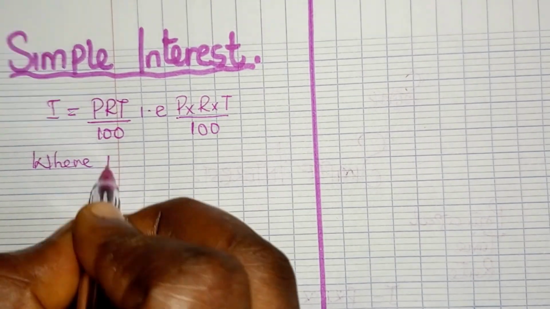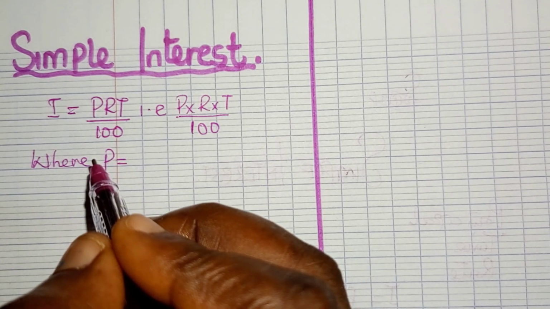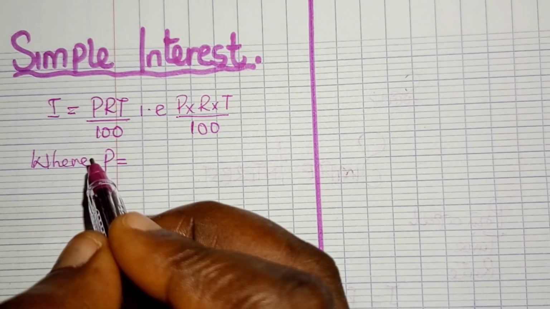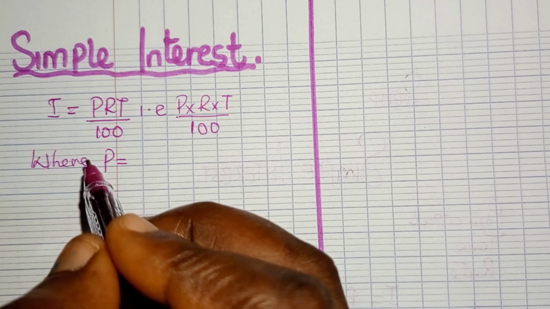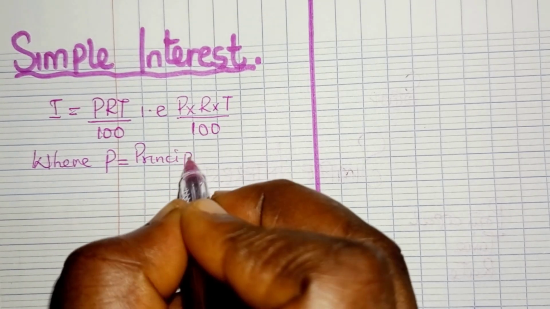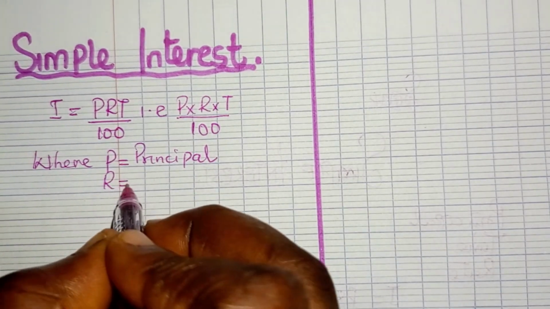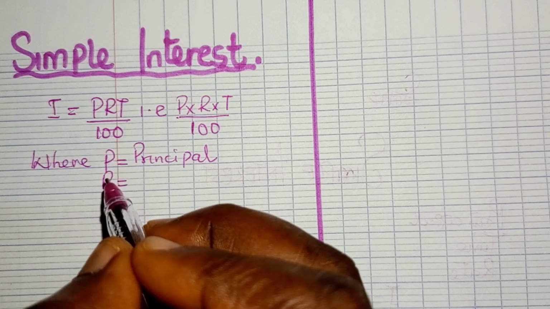where P is called the principal. That is the sum of money saved or borrowed or rent. So we call the P the principal. Then the R is called rate.